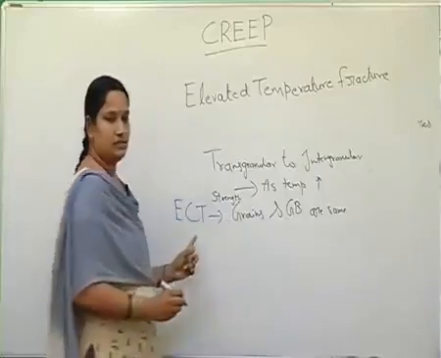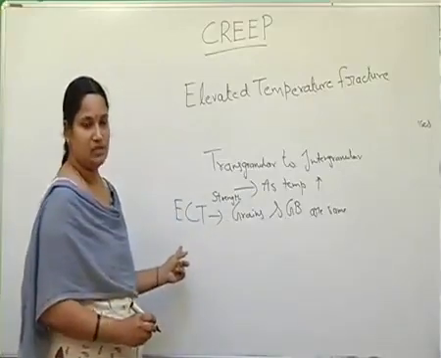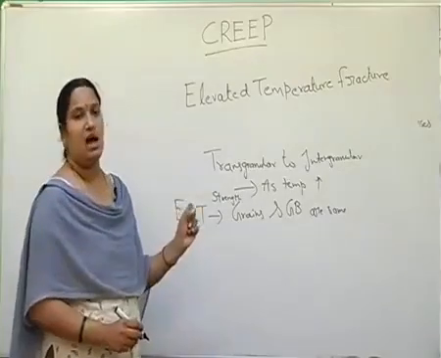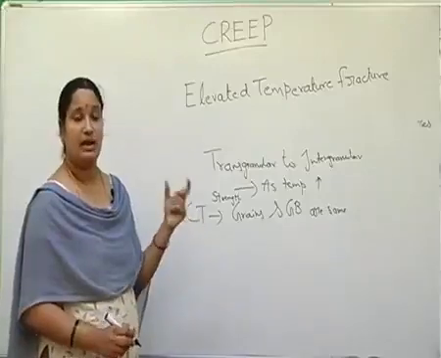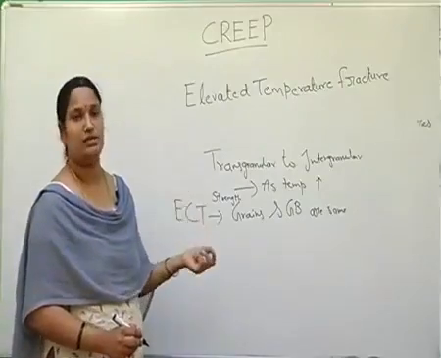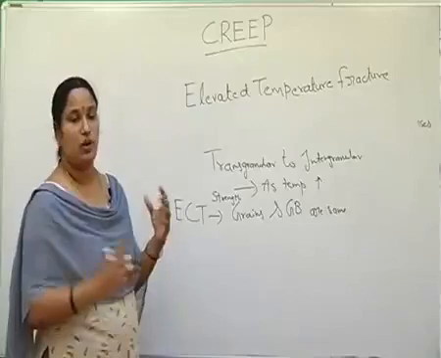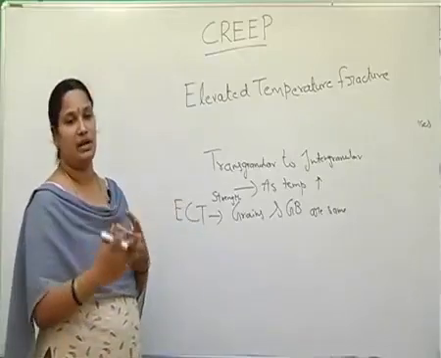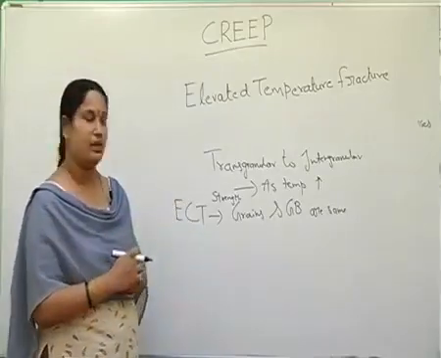Below the equicohesive temperature, fine grains are stronger because grain boundaries are stronger than the grain interiors. So the larger the grain boundary area, the stronger the material.